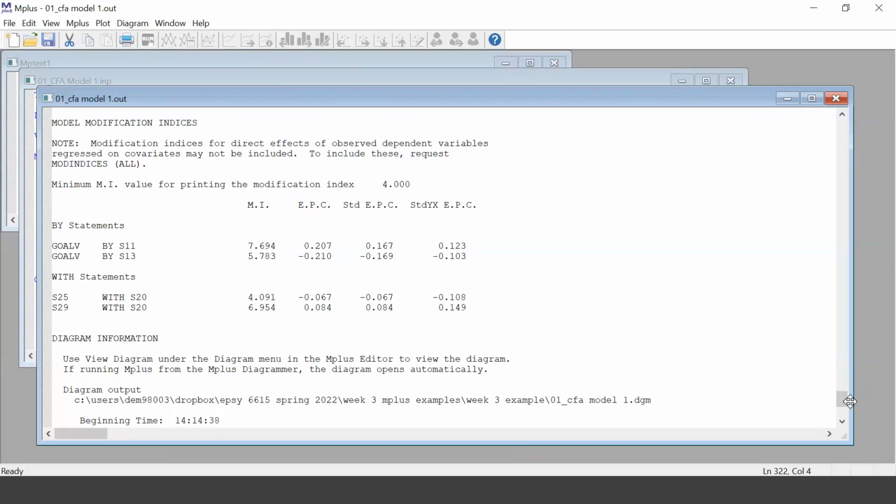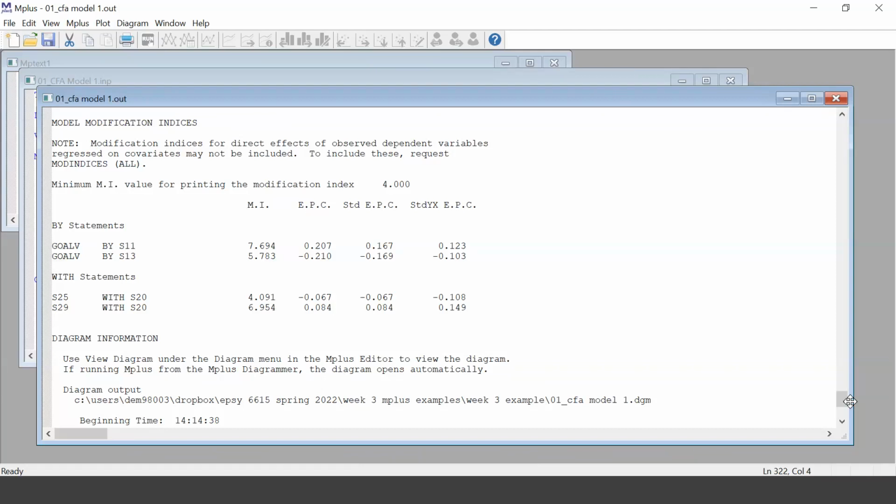These are univariate tests, so if you were to actually allow both S11 and S13 to load on goal valuation, you would not necessarily expect that the chi-square would drop by 7.694 plus 5.783, right? Because you'd be making 2 constraints at once, multivariately. So these are always for if you were to just do this one thing, how much would you expect the chi-square to drop?